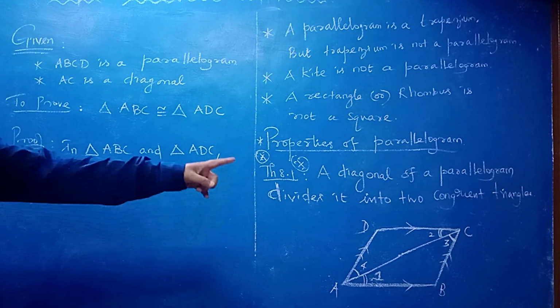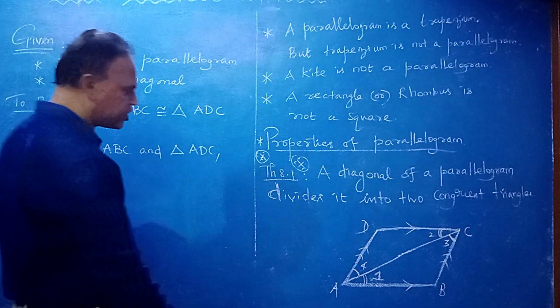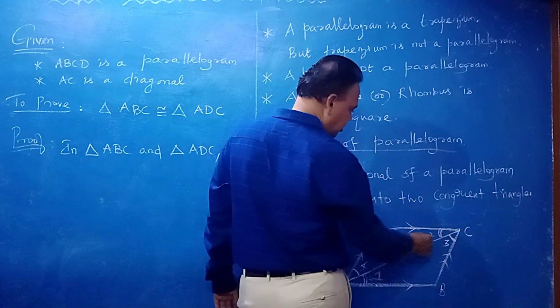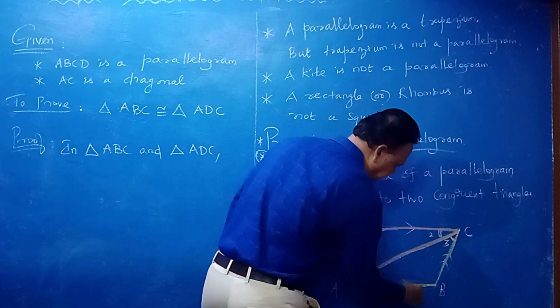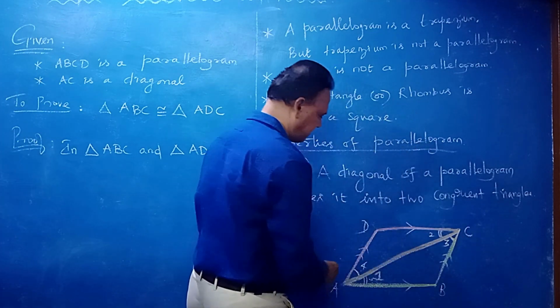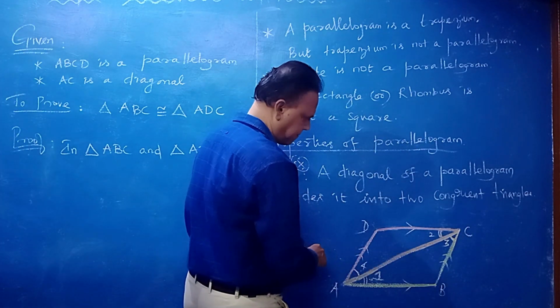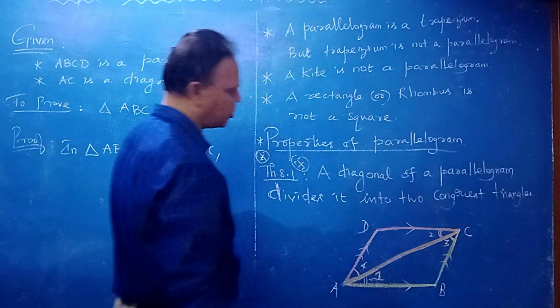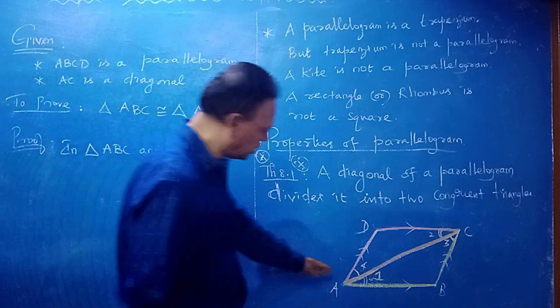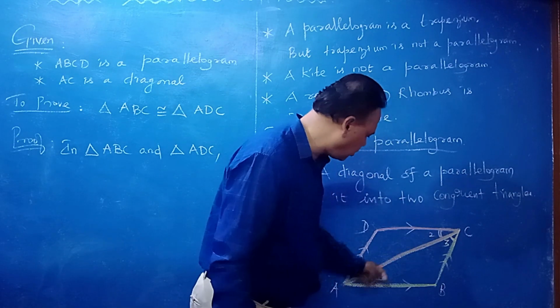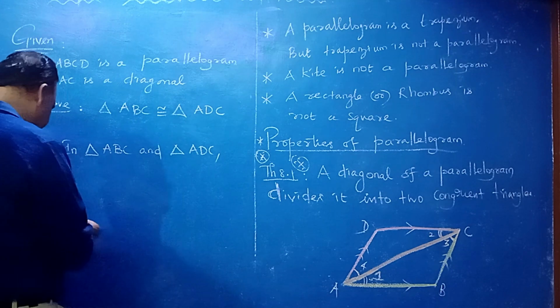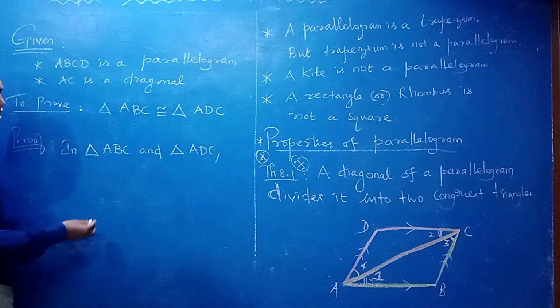You see angle 1 equals angle 2. In this triangle, angle 1, and in this triangle, angle 2, I am taking. Clear? So in this colored triangle, angle 1 corresponds to angle 2, alternate interior angles. So I am writing here angle 1 equals angle 2.